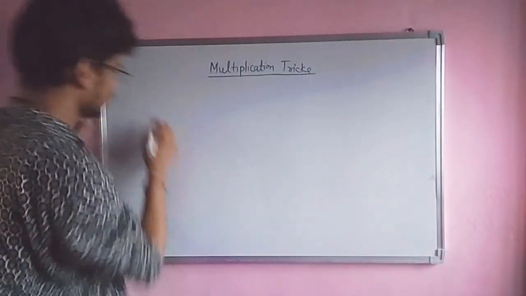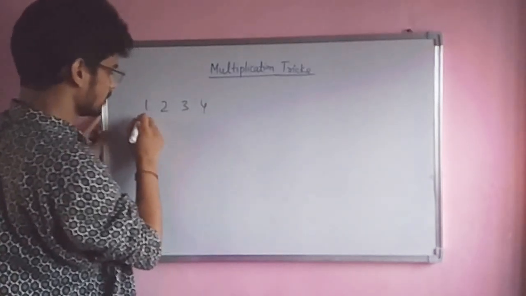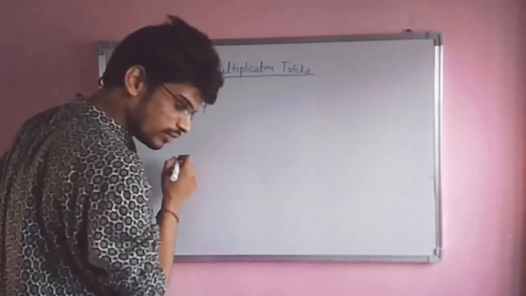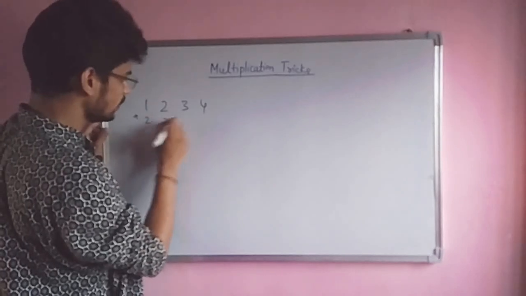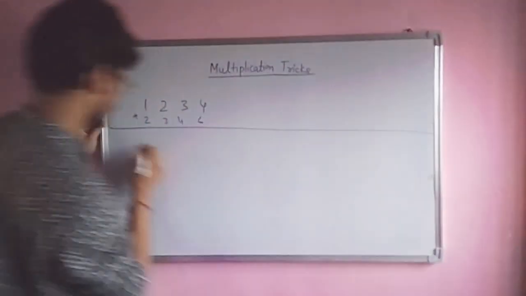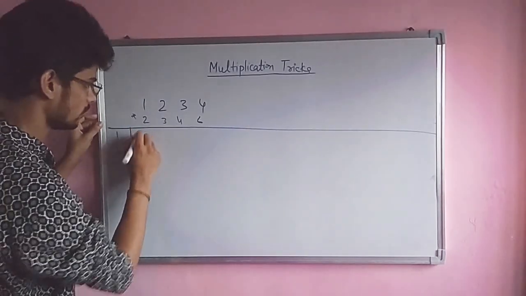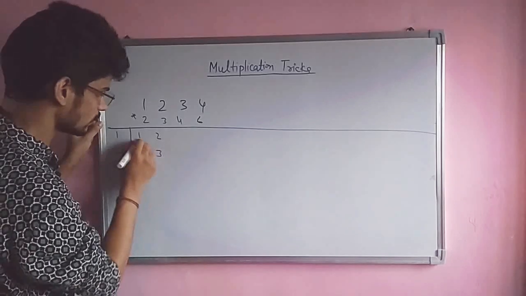multiplication, then how do we multiply the numbers quickly? Next is 1 2 3 4 multiplied by 2 3 4 6. Next, 1 2 and 2 3, cross multiply.